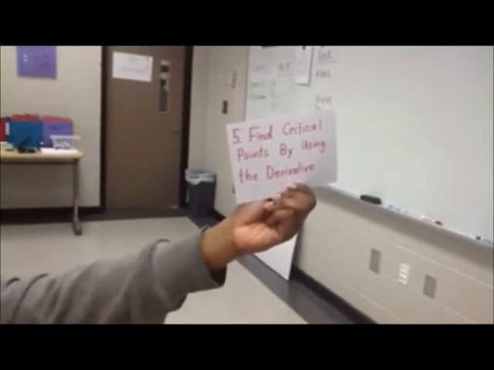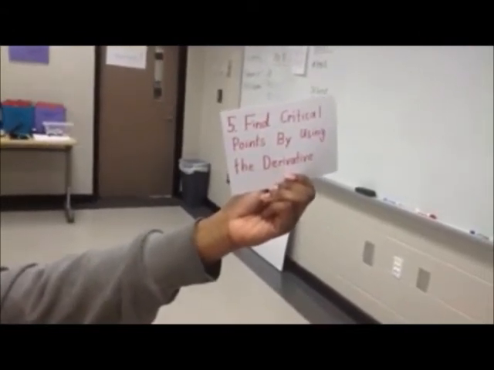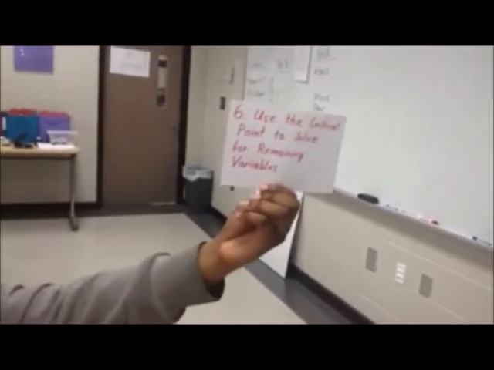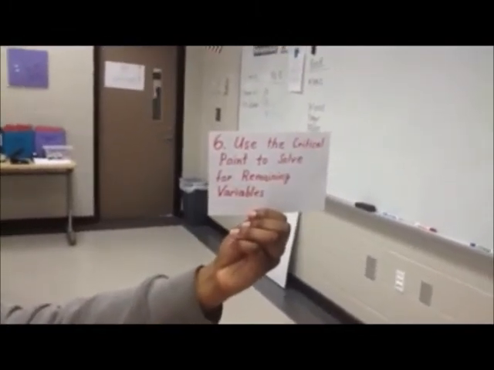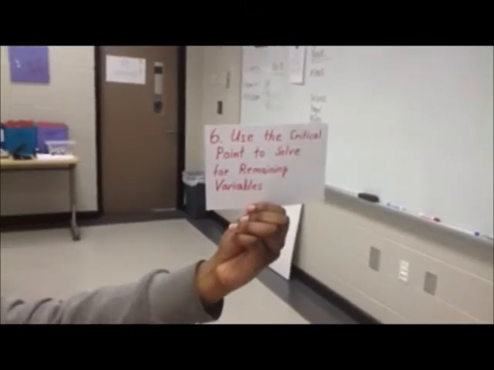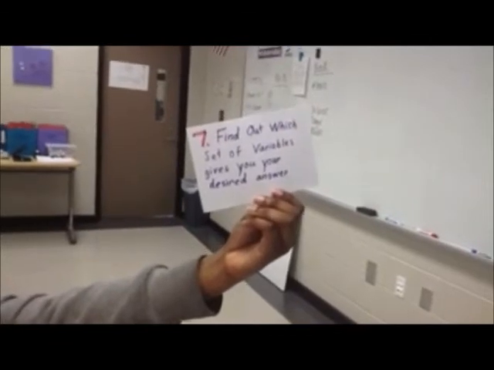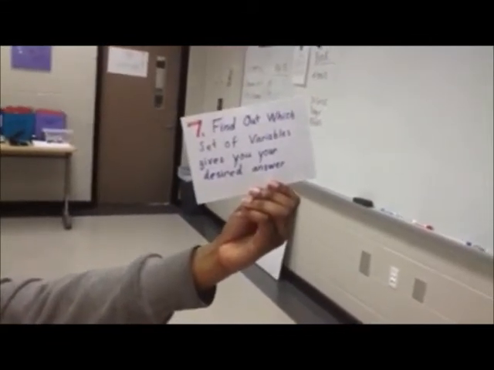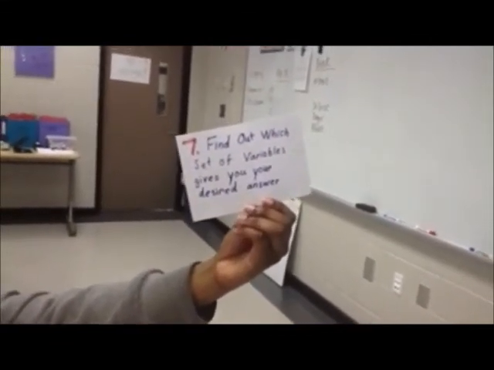Number 5, find critical points by using the derivative. Number 6, use the critical points, including endpoints, to solve for remaining variables. And the final step, find out which set of variables gives you your desired answer, whether it's a maximum or minimum.